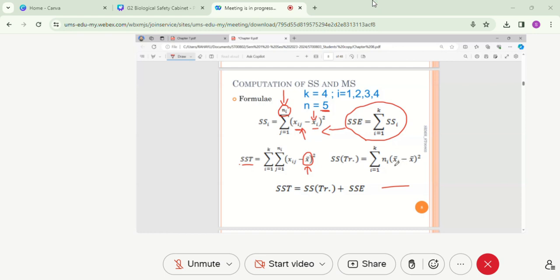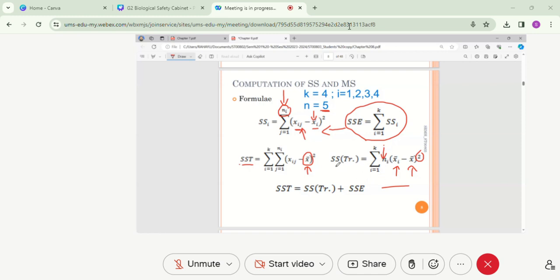So this is how you get the sum square of total. And then for the sum square of treatment, you find the deviation from the mean of the group to the mean of all the observations, regardless of the group. So you square it and then multiply by the number of observations. If n equals 5, meaning the same for all of the groups, then it will become 5 here.